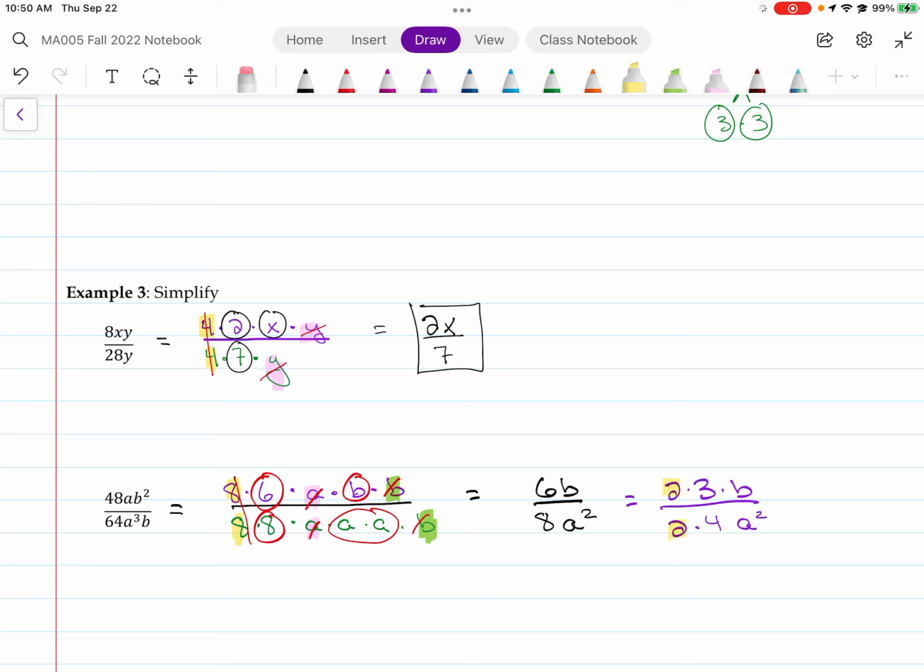All right, so my 2's are going to factor out, and I am left with 3b on top over 4a squared. I know my variables don't factor out because I've already canceled what I can cancel, and the 3 and the 4, I'm done with those two.